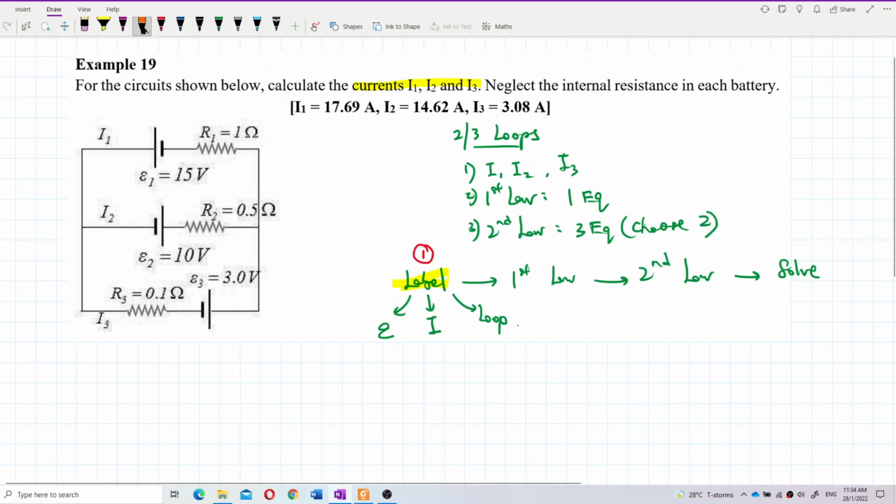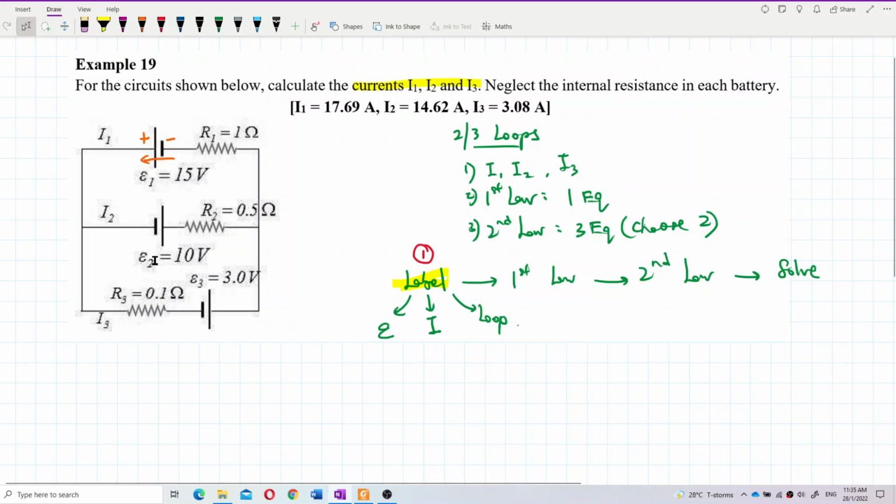EMF directions are always from negative to positive. So for E1, from negative to positive, to the left.